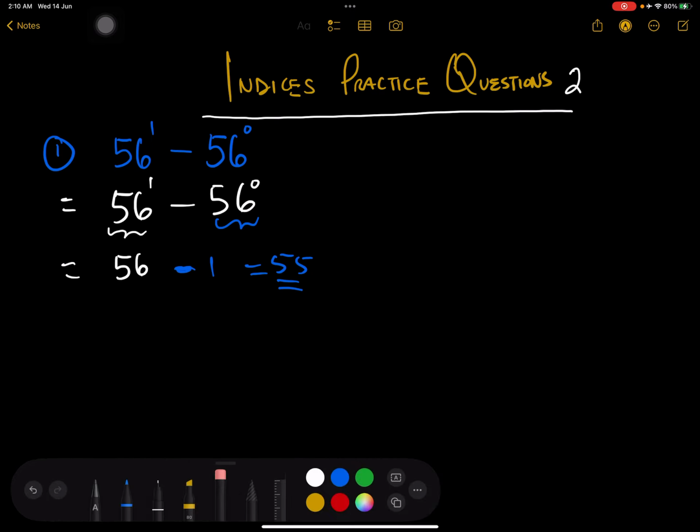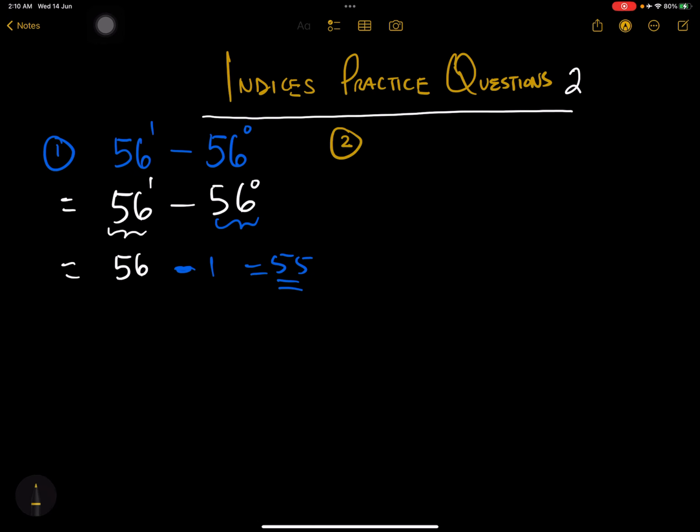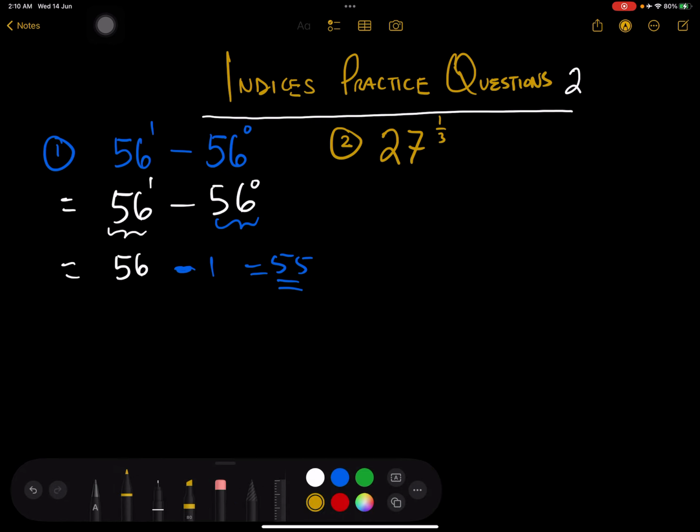Now we're going to look at our second problem. The second problem says that we should simplify 27 to the power of 1 over 3. Now, I want us to look at this carefully.